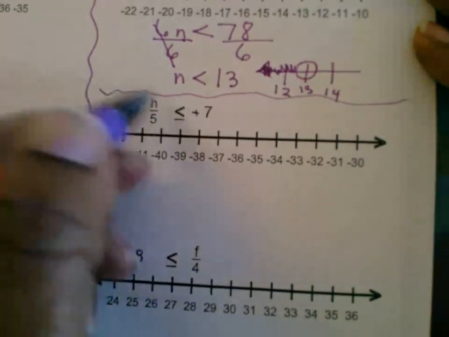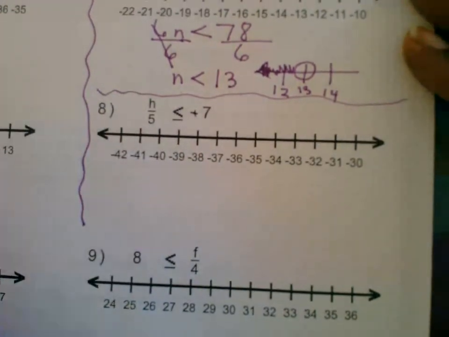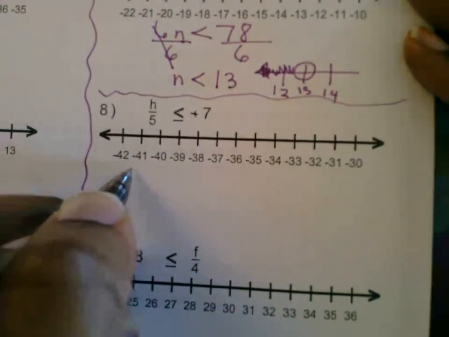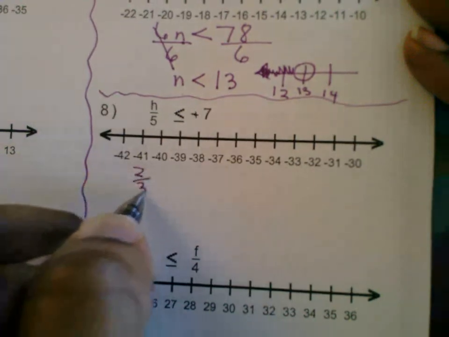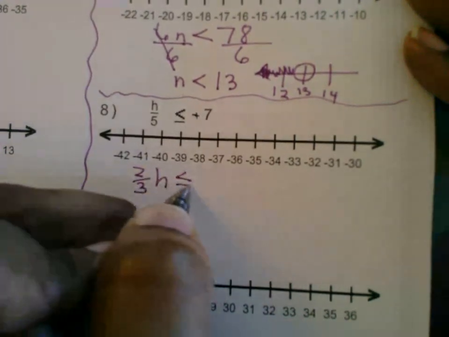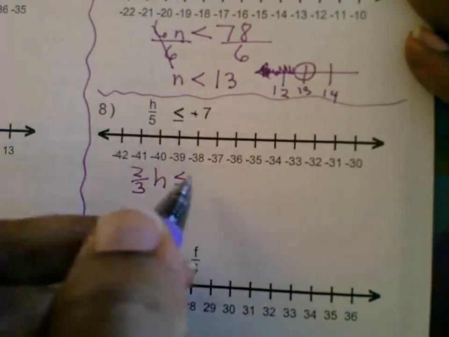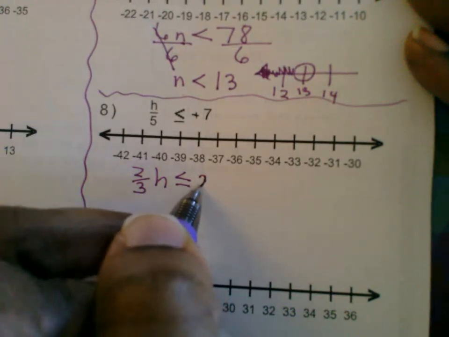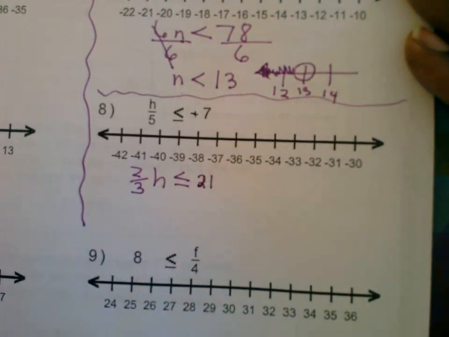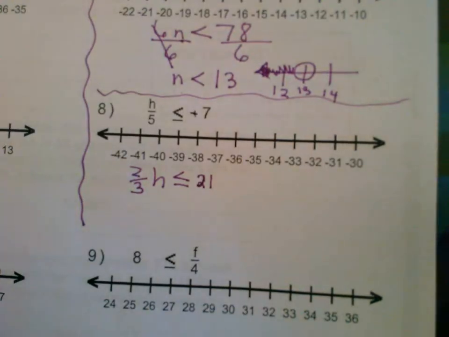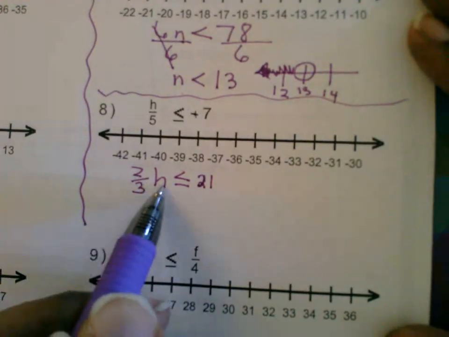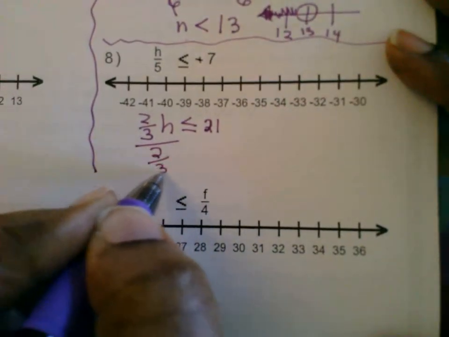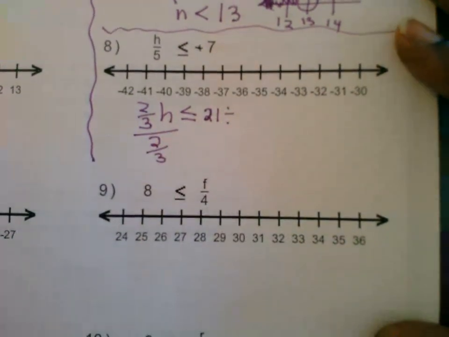Now, I'm going to change this problem a little bit for the sake of a good review. I'm going to change this to 2/3 h is less than or equal to 21. This is multiplication. To solve it, we divide both sides by 2/3.